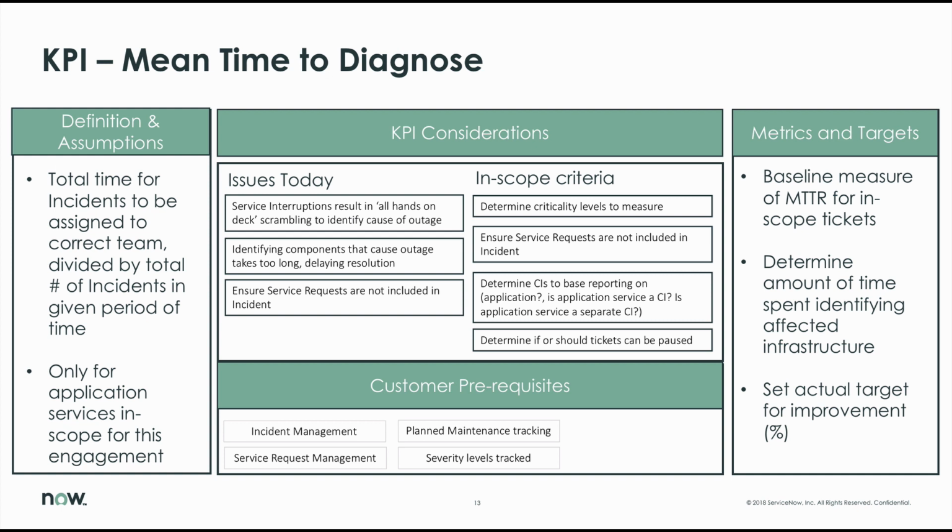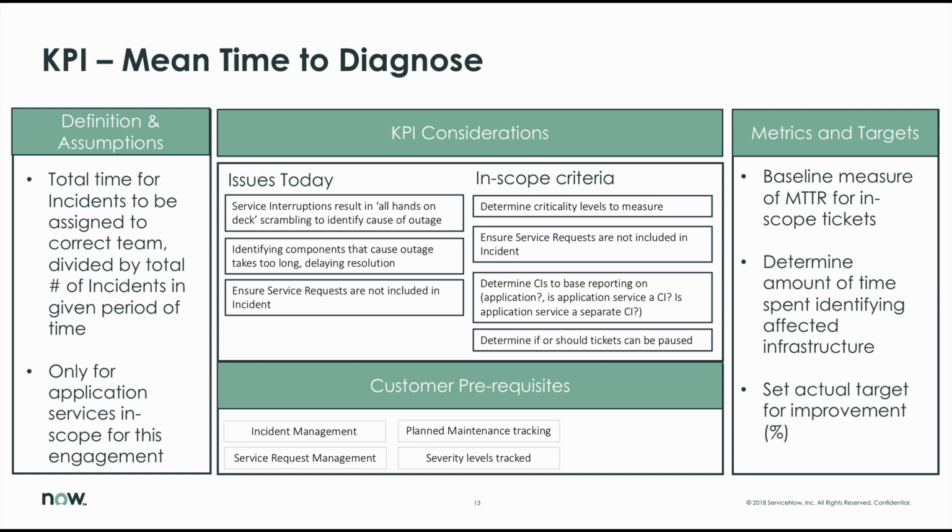You're going to want to scope that not to all incidents, but only to the criticals or high severity incidents. Make sure that if you're capturing service requests as incidents in your system, which many of our customers do, you're excluding those.